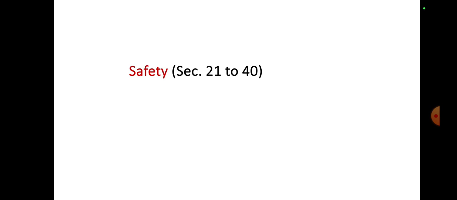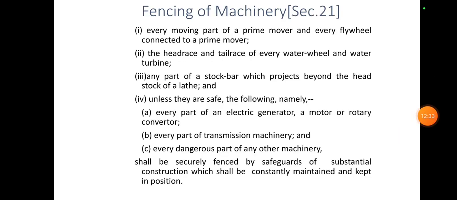Now coming to safety, the second important provision, which we will be discussing from section 21 to 40. Coming to the first one, safety. Just in the beginning we have seen a chart which represented the accidental rate of the workers who are killed in work related incidents.